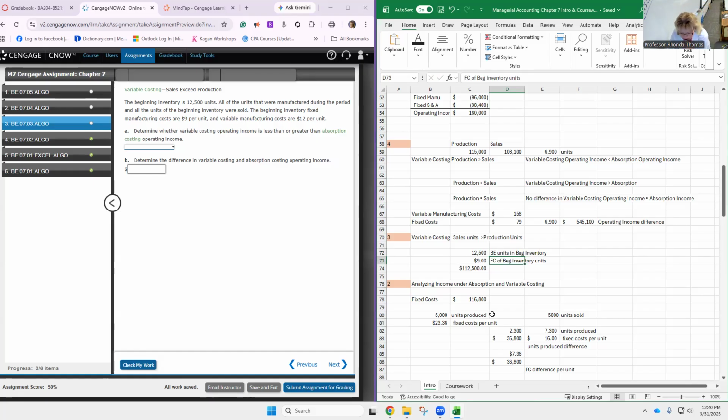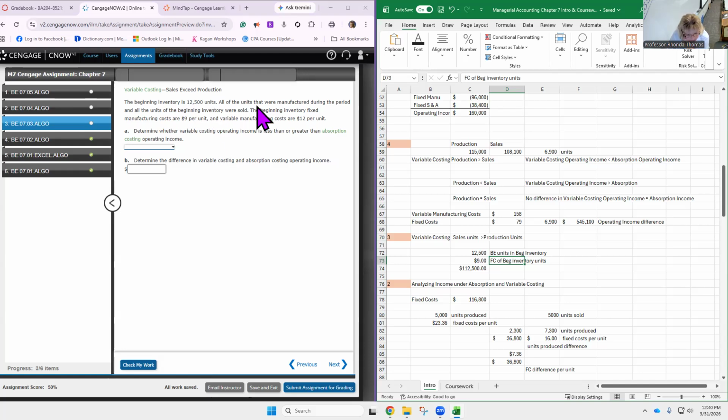Okay. So if we take the 12,500, it says determine whether variable costing operating income will be less or greater. So now the opposite is true, right? The last one we just did, production was greater. Now sales units are greater. Okay, and we don't even know how many. All we know is there's a beginning inventory.